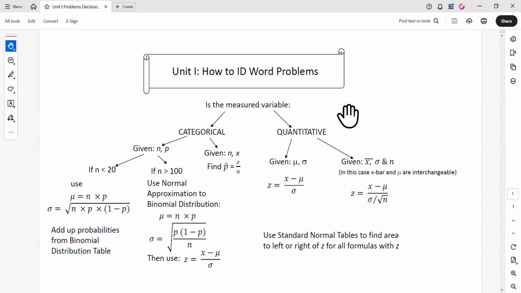All right. So it gets a little more complicated if we're answering questions where we're given a sample size and a little p. And in this case, little p is going to represent our proportion of successes.